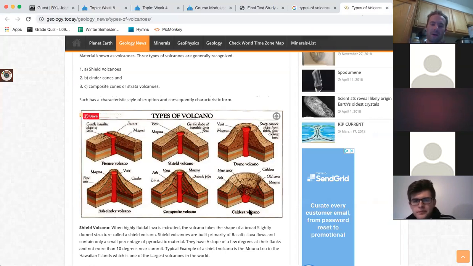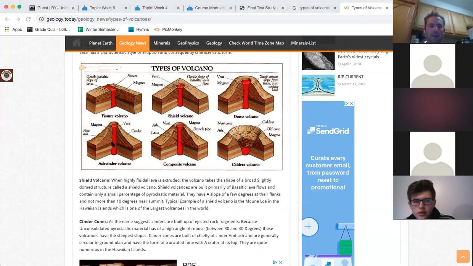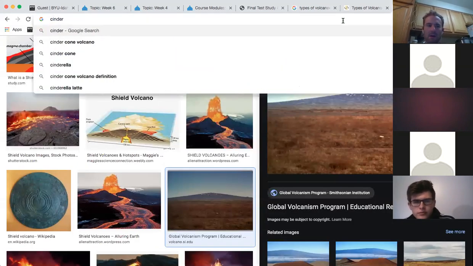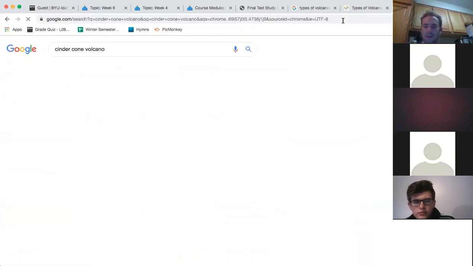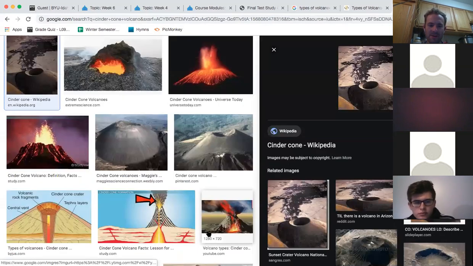Next, we have the cinder cone volcanoes. They look similar to a stratovolcano, but they're significantly smaller. So here's a beautiful picture of a cinder cone volcano, these guys right here.